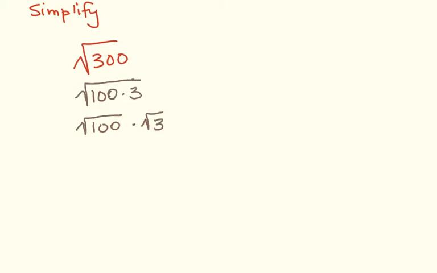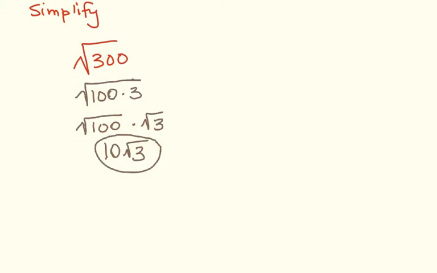We can take each of the factors from that product, separate them out into their own radical expressions. The square root of 100 is 10. The square root of 3 we can't do anything with, so we write the answer as 10 square roots of 3.